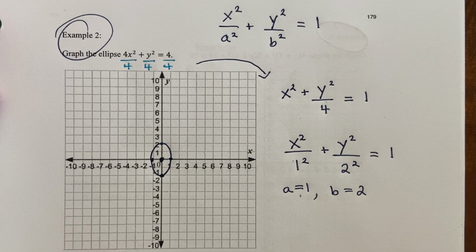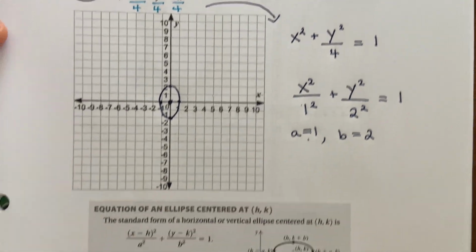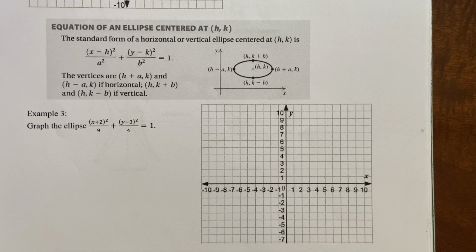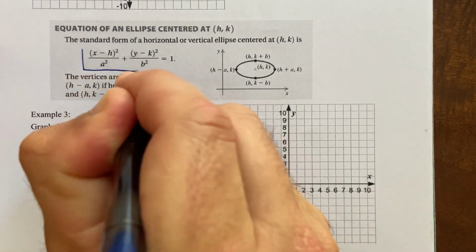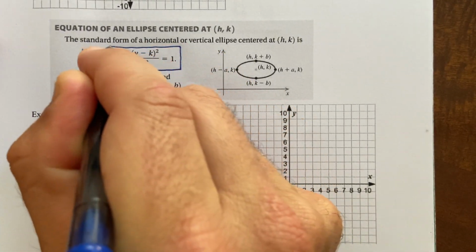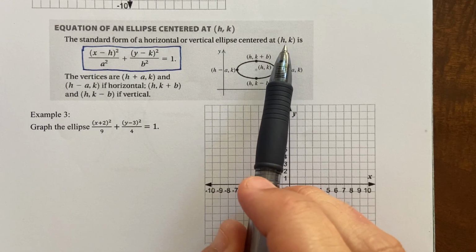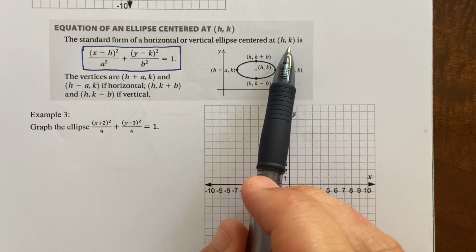All right, let's do one that's shifted. So here's the definition of our standard form when there's some shift present. This is for an ellipse that's centered at h, k, similar to our circle idea.